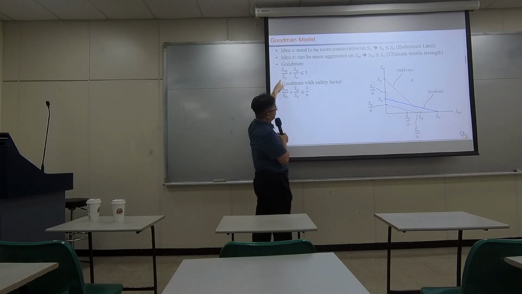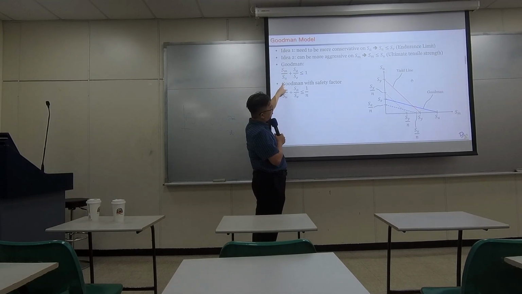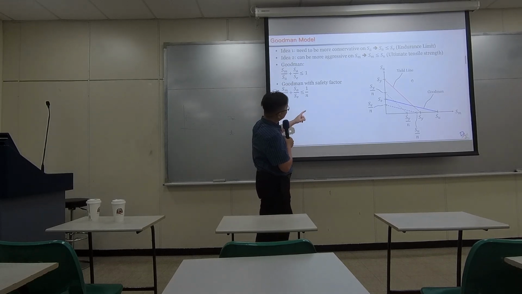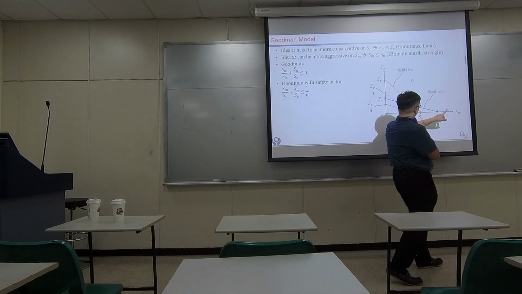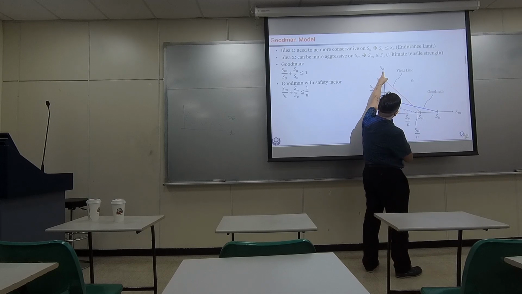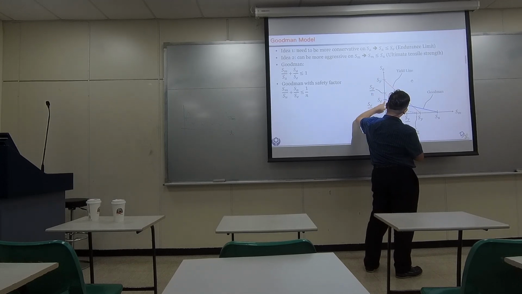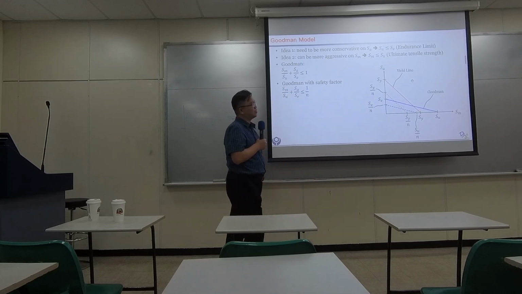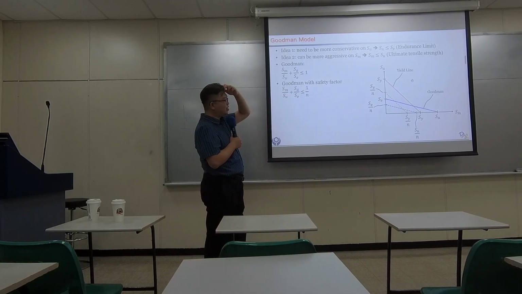So this is actually how you formulate that blue line. Okay, so the mean value divided by its upper limit plus the amplitude divided by its upper limit must be smaller than 1. That would be the blue line.